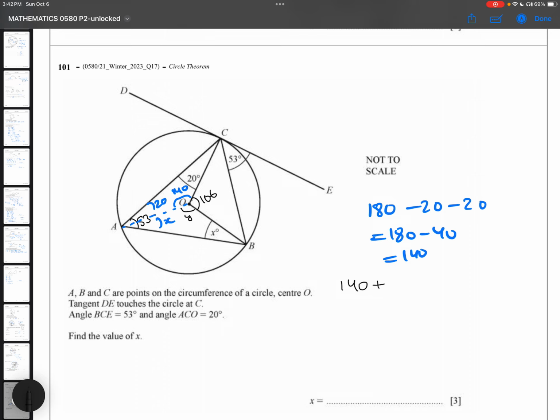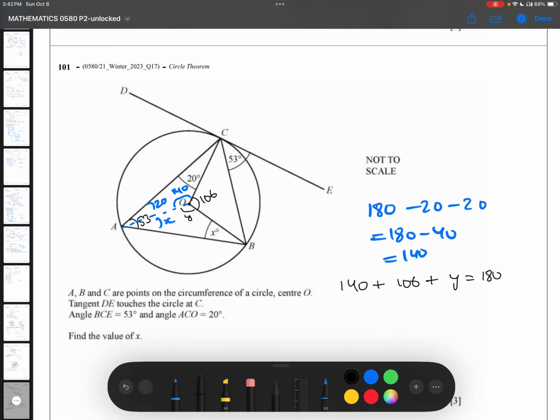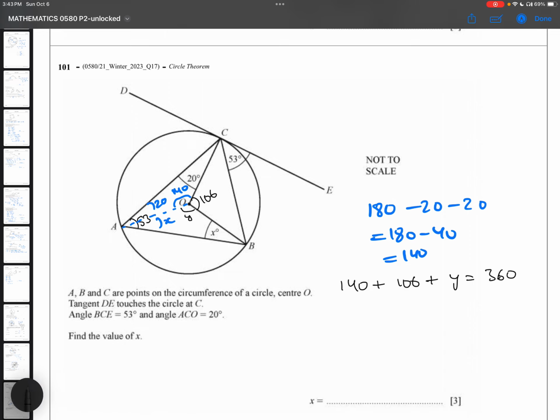So 140 plus 106 plus Y is equal to 360 degrees. 140 plus 106 is 246 plus Y is equal to 360 and Y will be equal to 360 minus 246. This is equal to 114. So now this Y is equal to 114.